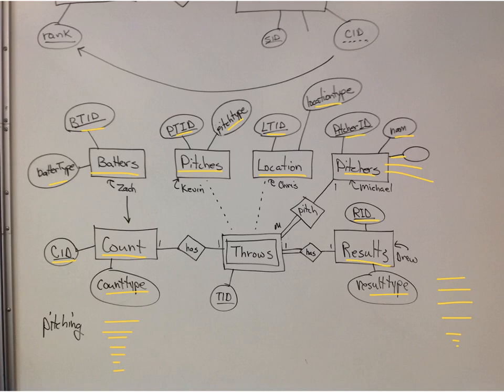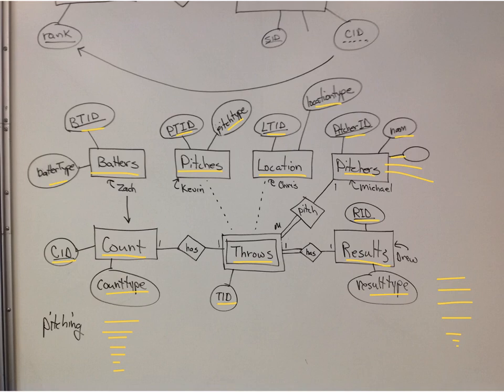And then this all ties together, and this isn't complete, with throws. Throws, you notice, is a weak entity. It's dependent upon all these other entities. Throw ID, so we'll just keep a count of how many throws we record. We're calling them throws to avoid duplicating terms with pitch or pitches.